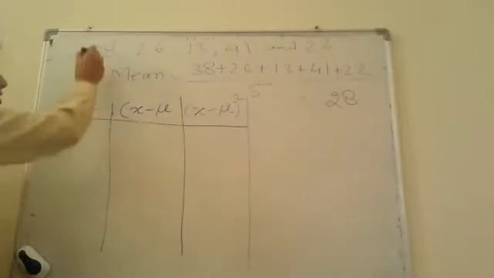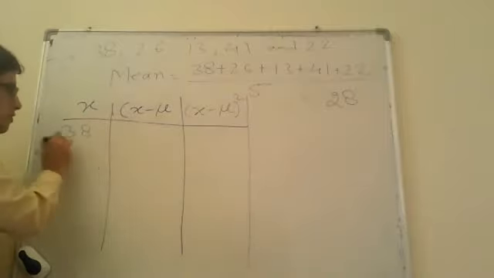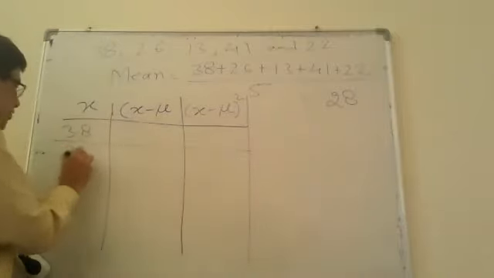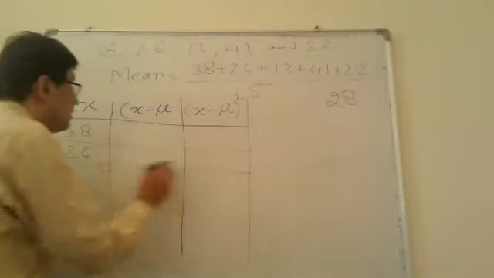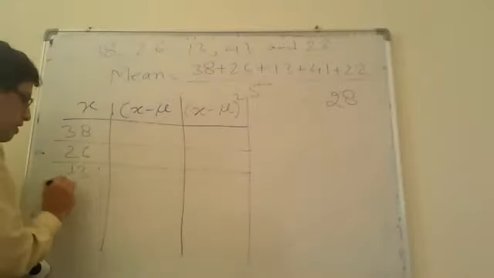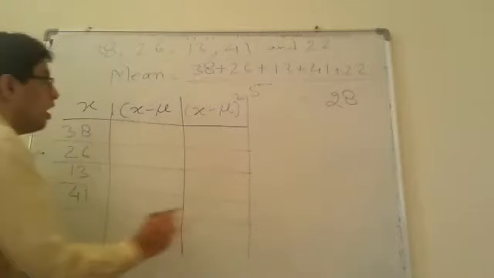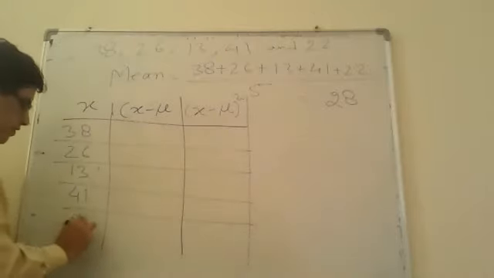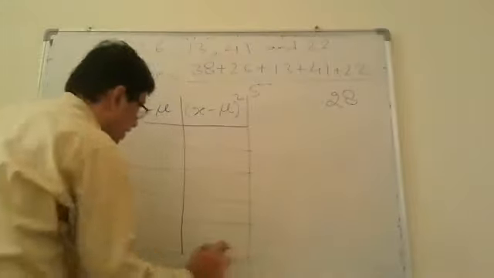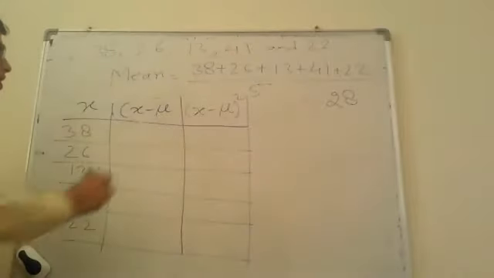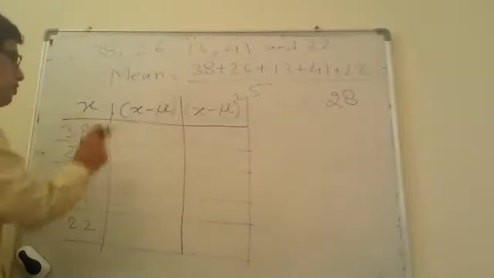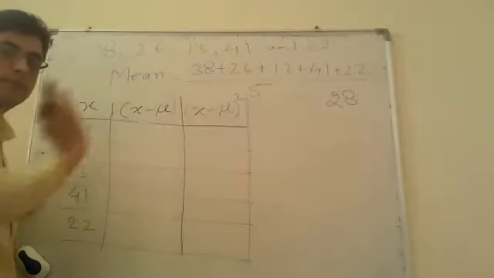So x: 38, 26, 13, 41 and 22. Mu is the mean.